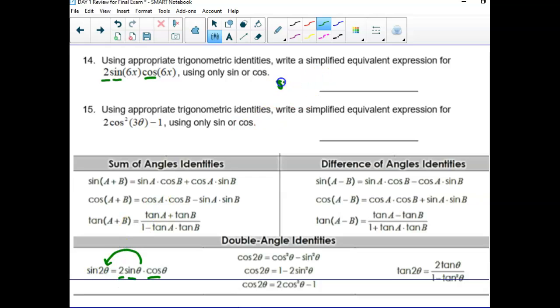Well, our sine of 2 theta, what was our theta on this question up here, guys? 6x. So if you wrote that, I wouldn't count it wrong, but it really should simplify to the sine of 12x, okay? Either one I would take. Does anybody see where this one comes from? 2 cosine squared minus 1.